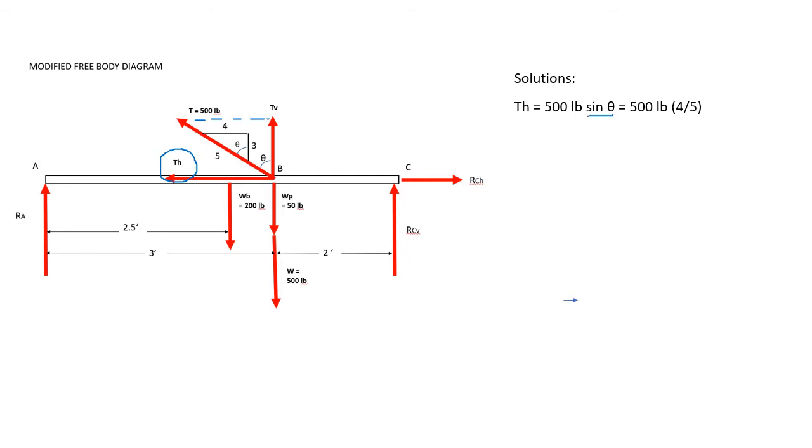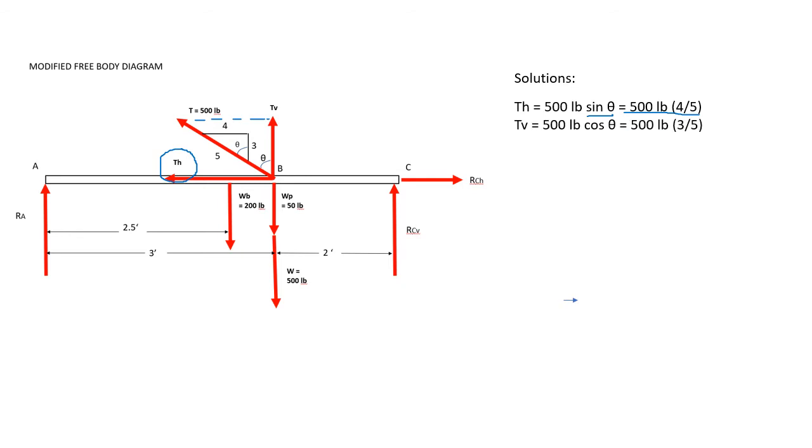So we can use this slope triangle. Since sine theta is equal to opposite over hypotenuse, our opposite in the slope triangle is 4 and our hypotenuse is 5. Therefore, it is equal to 500 pounds times 4 over 5.